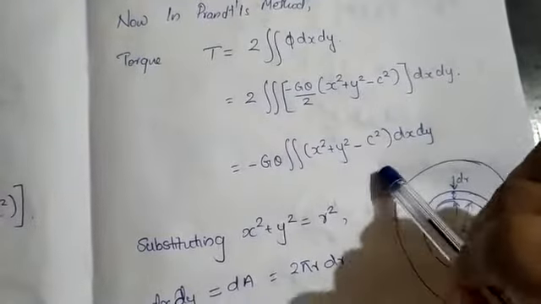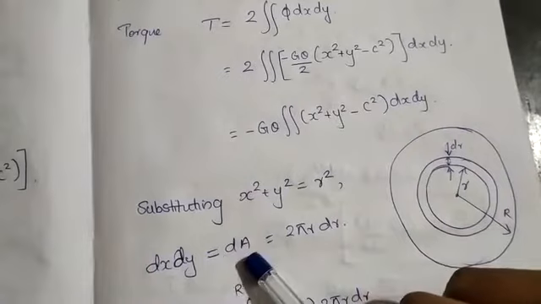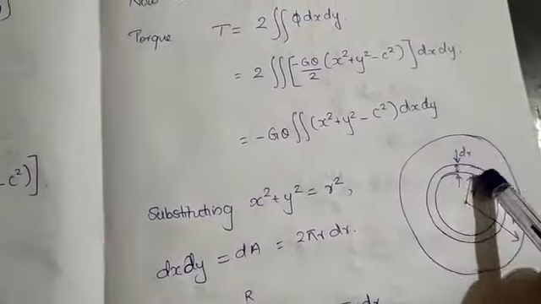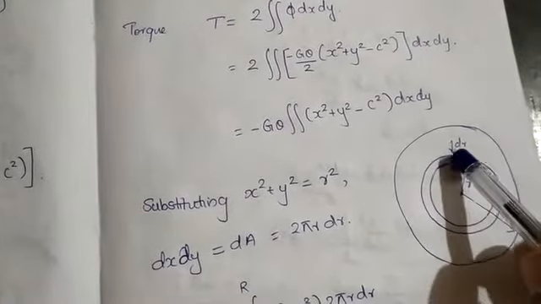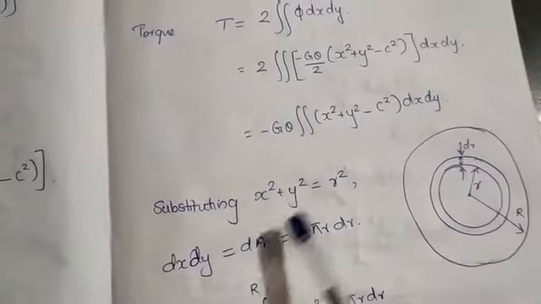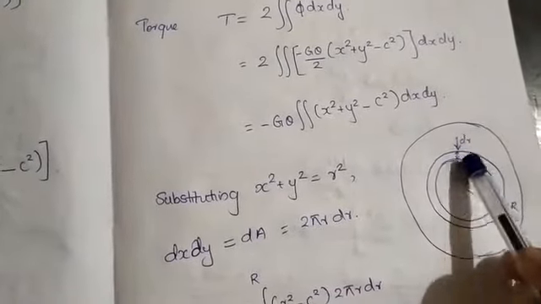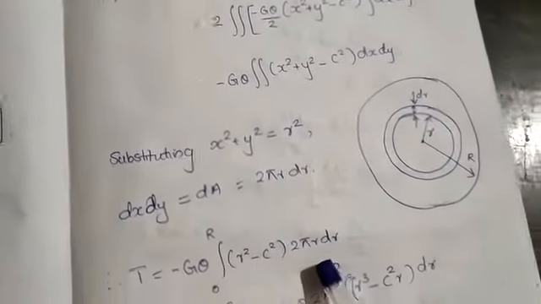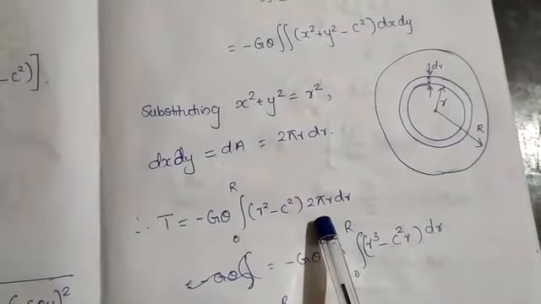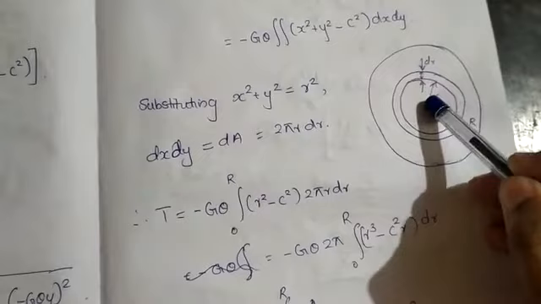You know that x square plus y square is equal to r square, and dx dy is the area dA. If you take a small ring with radius r and thickness dr, then dA is equal to perimeter 2 pi r into thickness dr. Substituting, we get r square minus c square into 2 pi r dr, ranging from 0 to capital R.